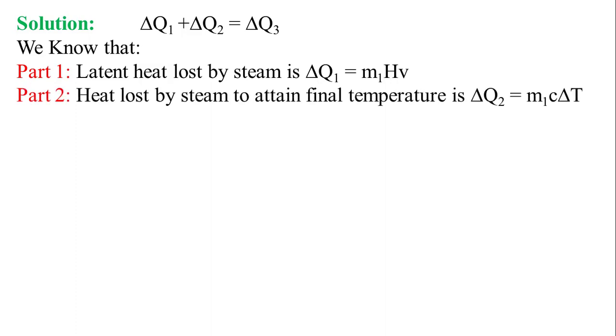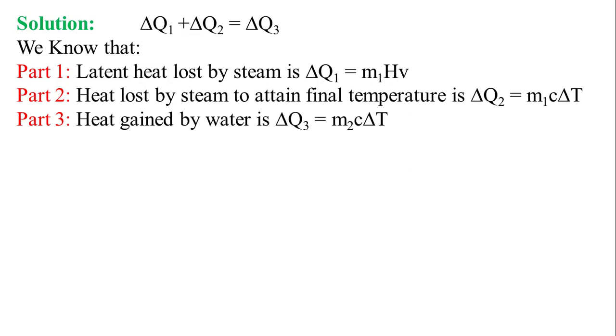In part 2, heat lost by steam to attain the final temperature is delta Q2, equal to M1 C delta T. And in part 3, heat gained by water is delta Q3, equal to M2 C delta T.